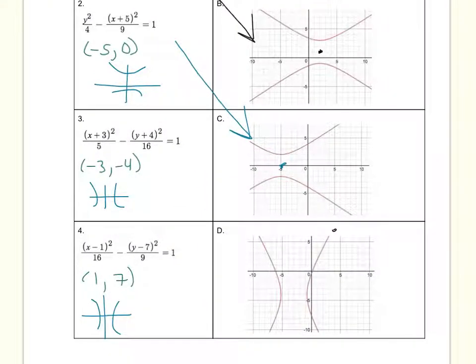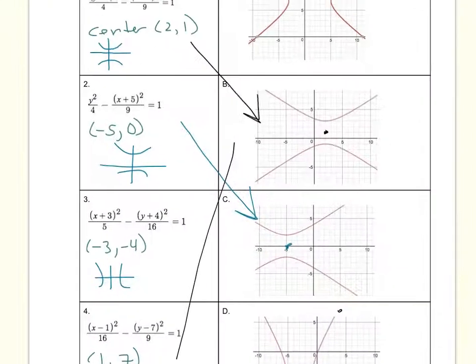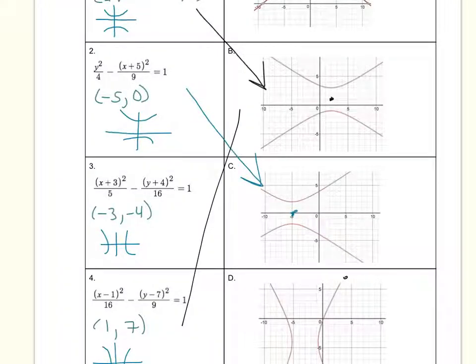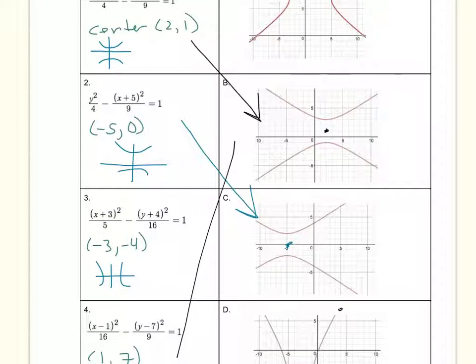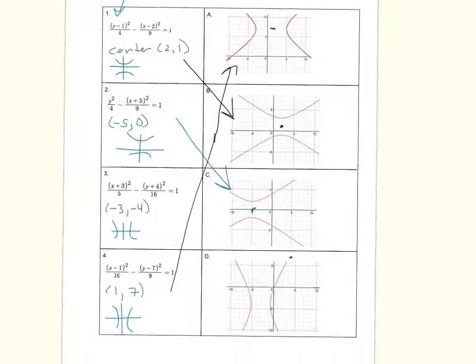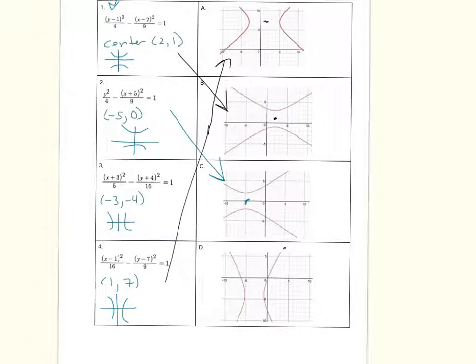So 4 is going to be A. Easier said than done to draw a line. And then, of course, 3, which had a center of negative 3, negative 4, should be somewhere down there. It opens left, right, so that one would be D.